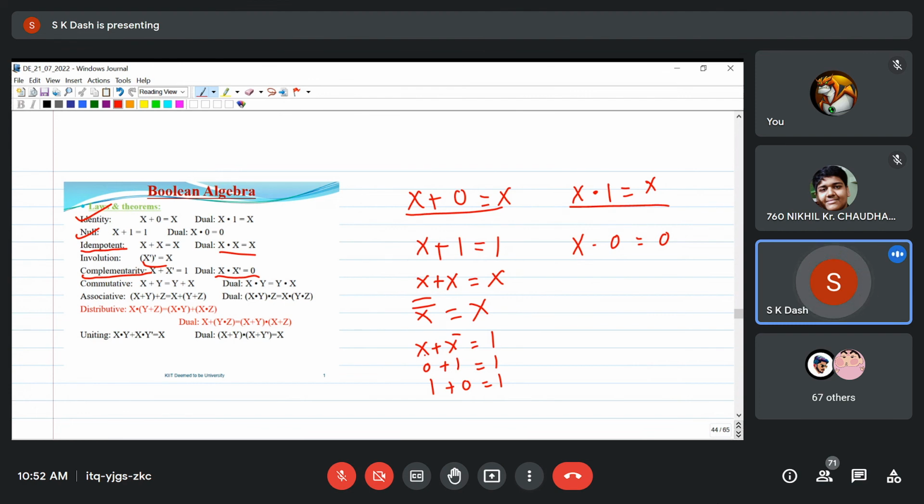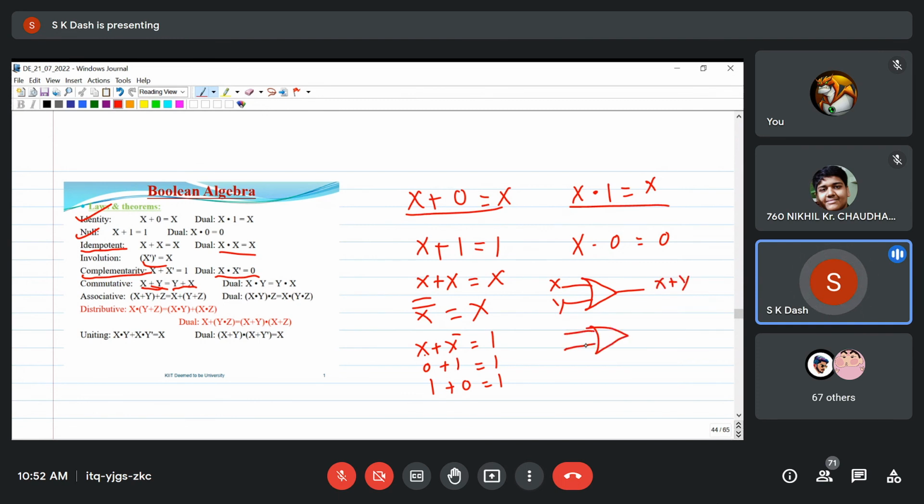Next, commutative. In commutative, x plus y is same as y plus x. That means you can interchange these inputs. Suppose we take an AND gate, which we have discussed. So the meaning will remain the same.